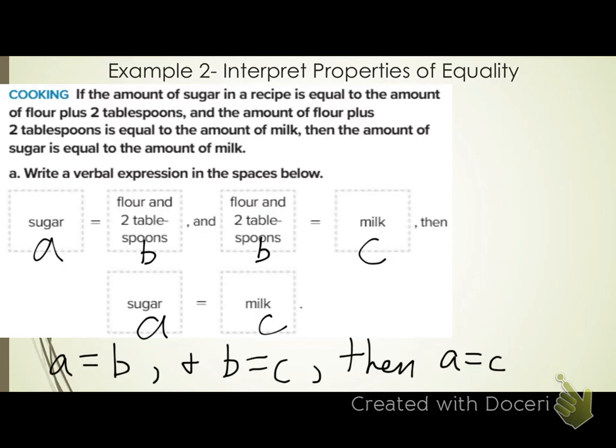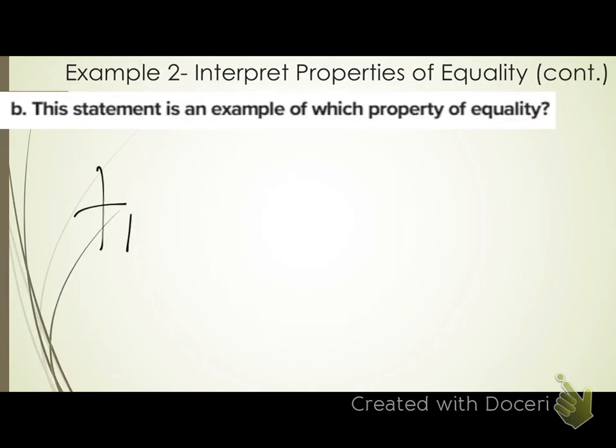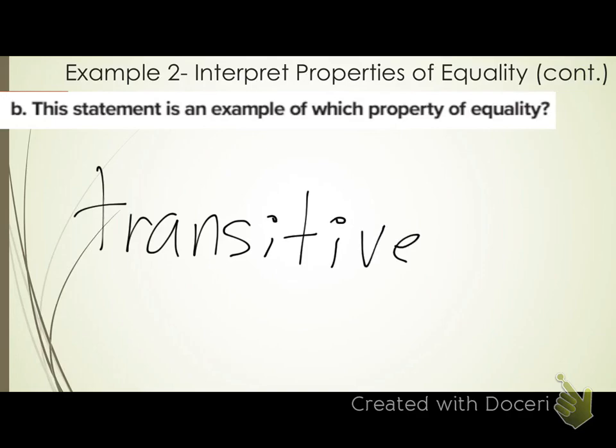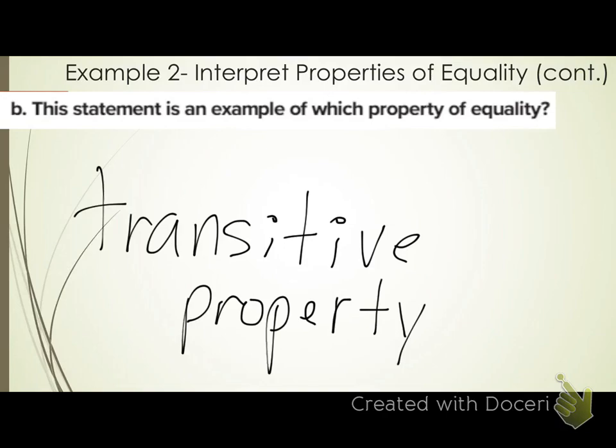Letter B is asking us, the statement is an example of which property of equality. We just answered that. That would be our transitive property. I think the main thing here they're wanting you to recognize is that it was the transitive property.